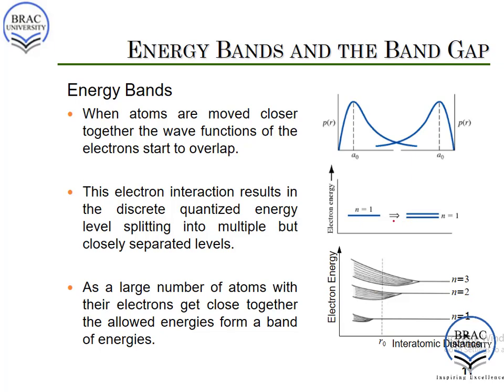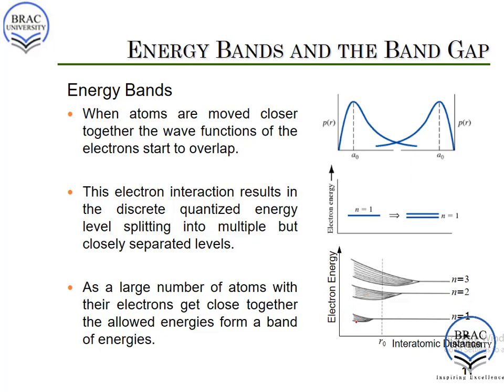If there are only 2 atoms or 2 molecules interacting, then the 1s orbital energy level is split into 2 closely separated energy levels, and if there are more atoms interacting, then for n equal to 1 we are seeing many closely separated energy levels. In the case of n equal to 2, we are seeing more closely separated energy levels. If there are 1000 atoms interacting, then for the 1s orbital we will see 1000 closely separated energy levels.